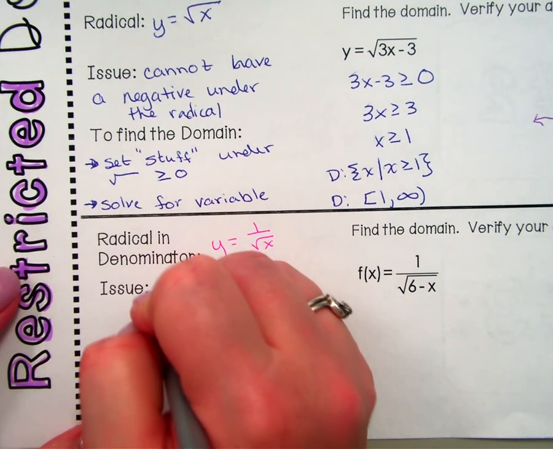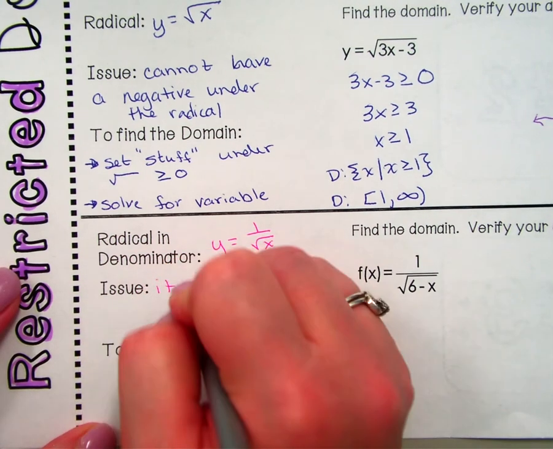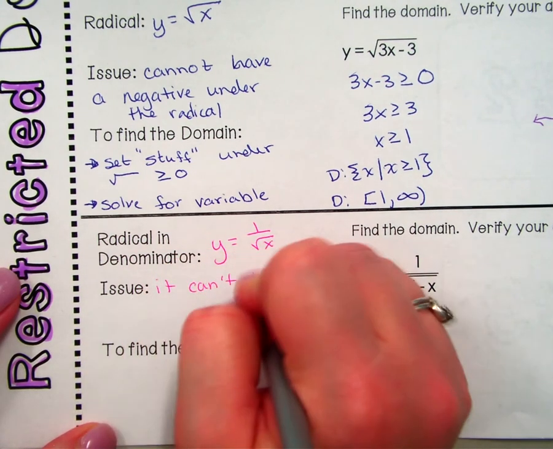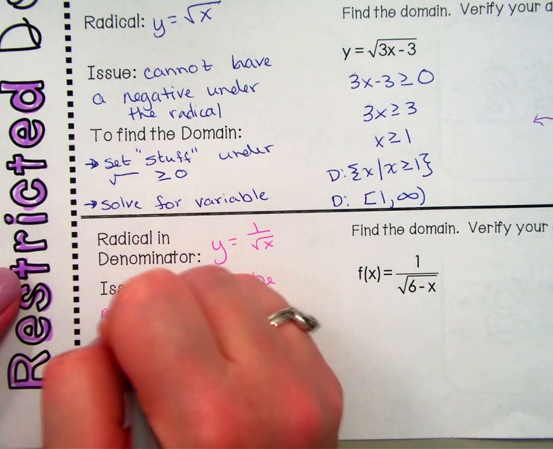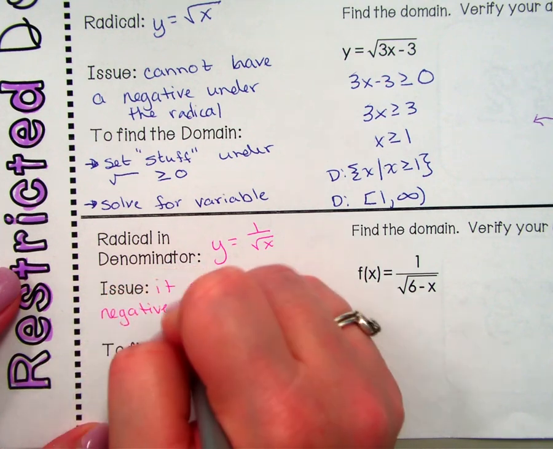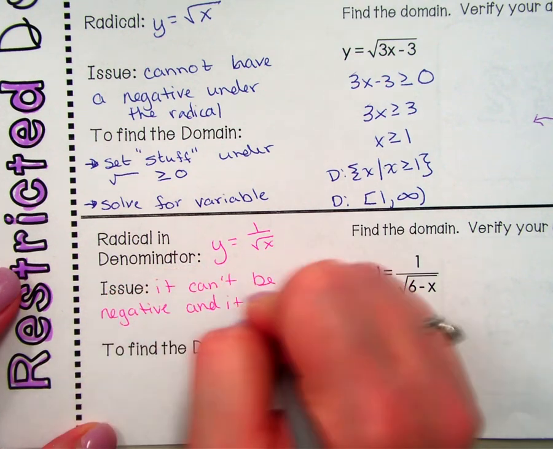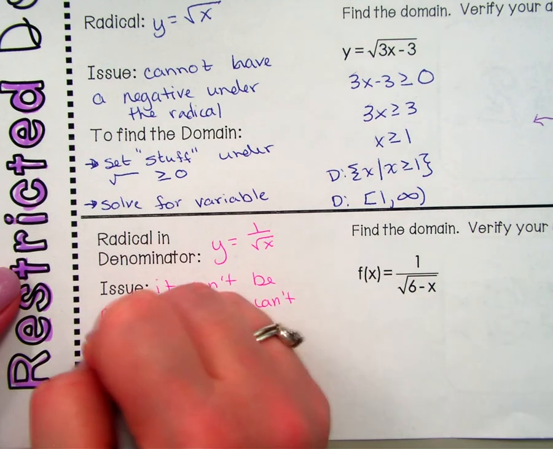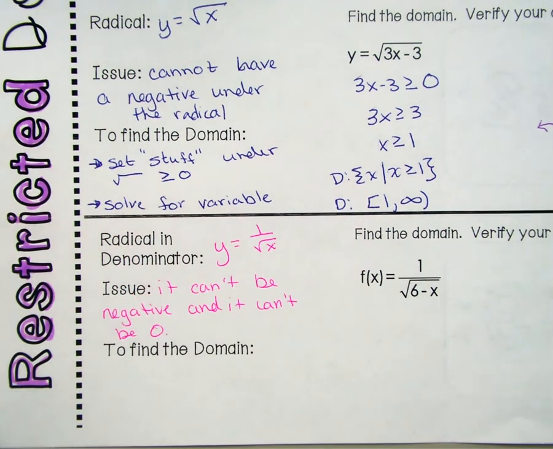So our issue here is it can't be negative and it can't be 0. It can't be negative because of the radical, and it can't be 0 because it's in the denominator of a fraction. So again, just putting them both together.